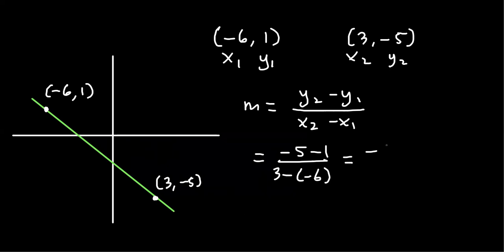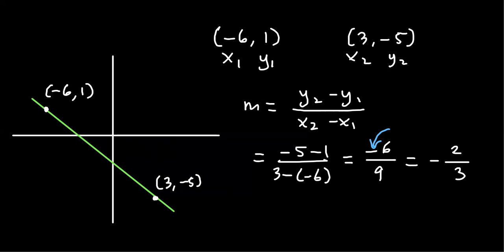So that gives -6 over 9, and that's just -2 over 3. And notice how I didn't leave the minus sign over there, because it's actually a convention to take it outside the fraction. So you wouldn't leave it in the numerator or the denominator. You would always take it outside the whole fraction. That's the convention for writing fractions.